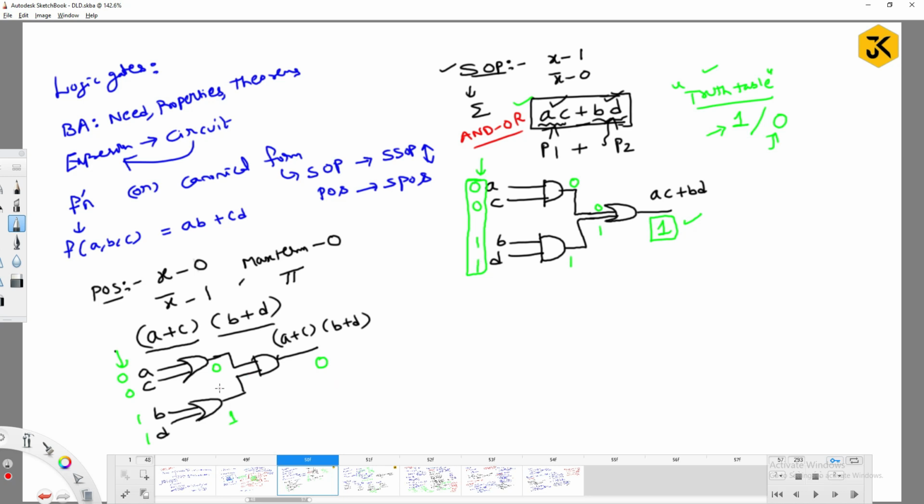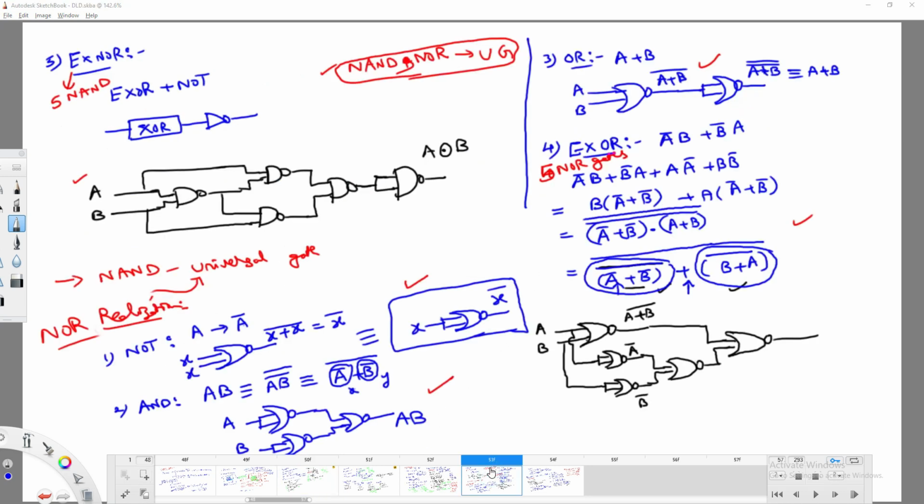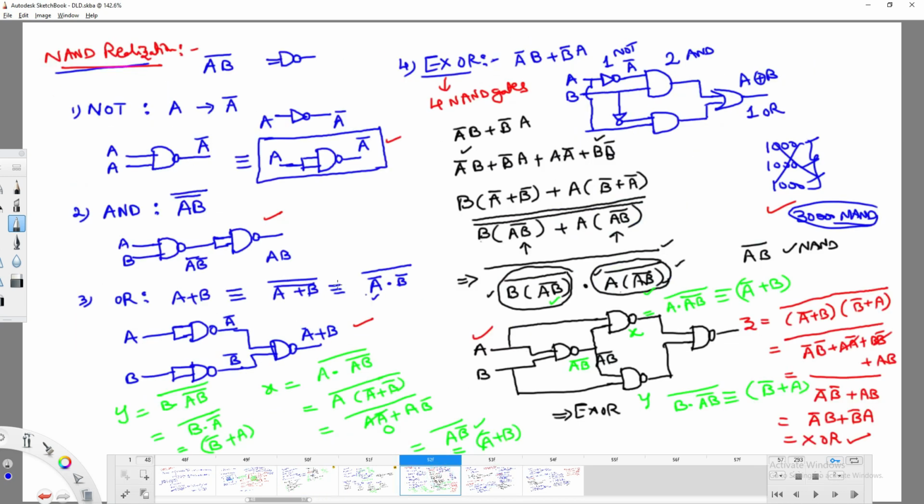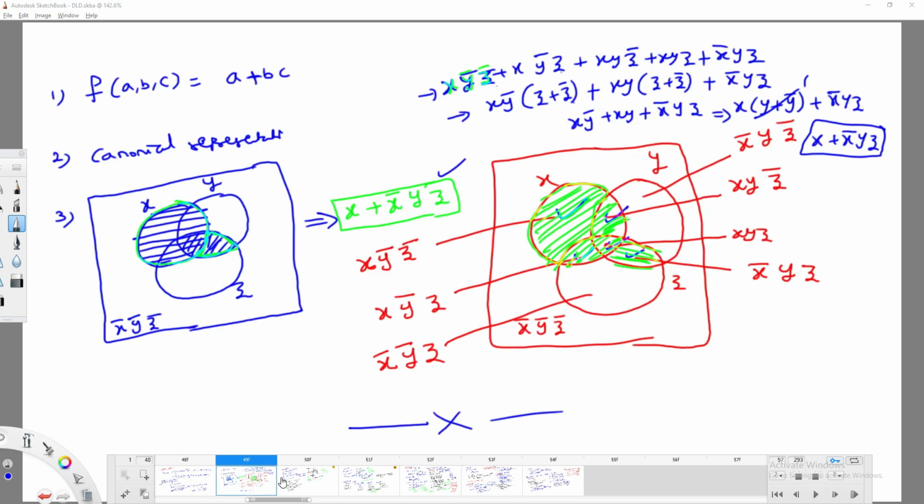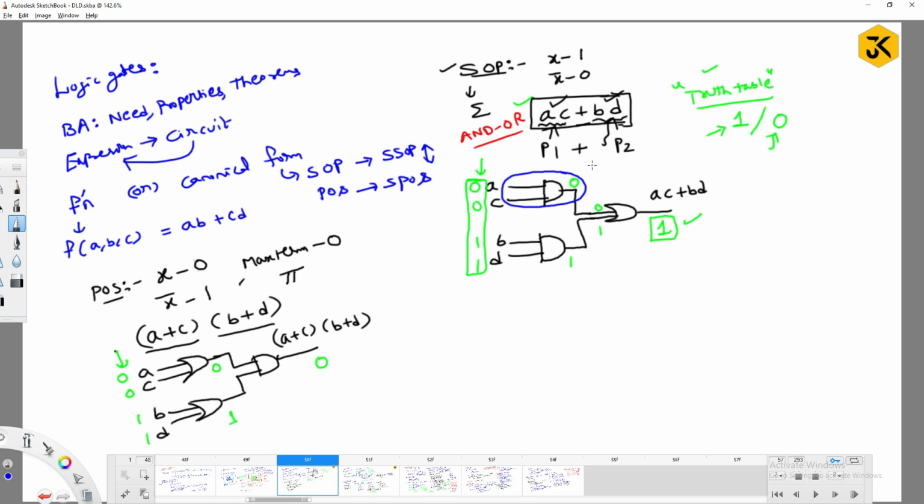So if you are going to do that, try to observe. For the AND gate representation, how many NAND gates are required? Two NAND gates are required. In order to represent one AND gate, two NAND gates are required.